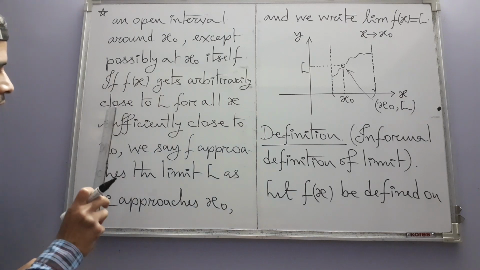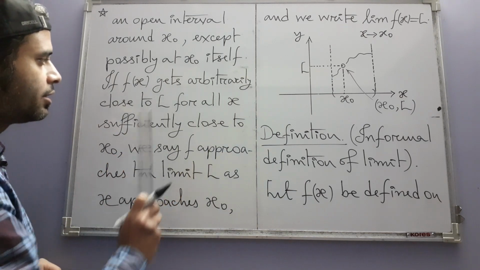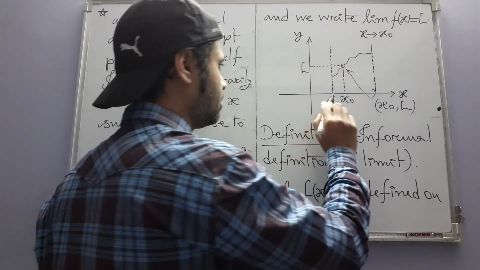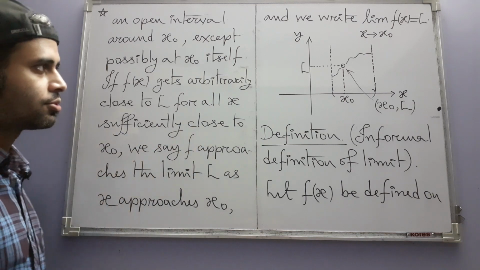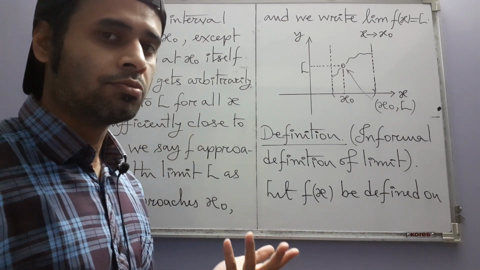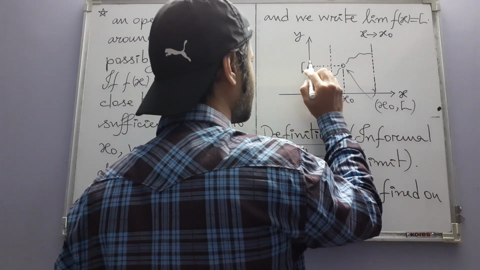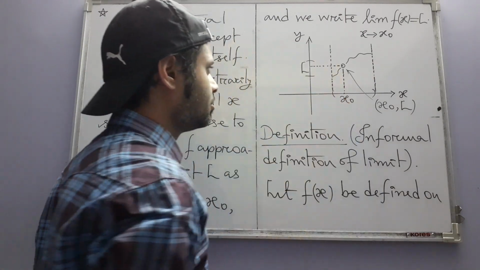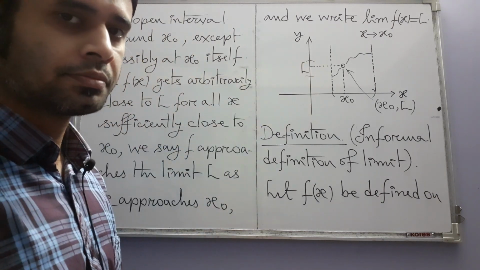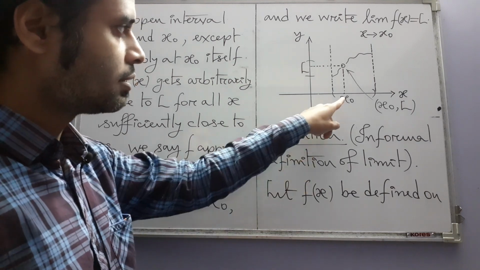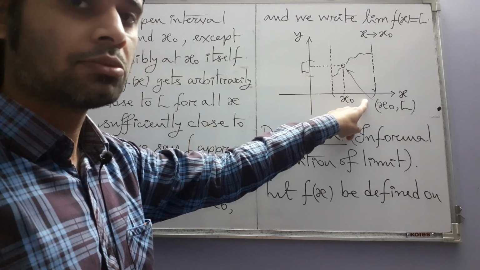So what we are saying is that f of x gets arbitrarily close to L, for all x sufficiently close to x naught. How close do you want to make f of x to L? That depends on you. Say you choose one area around L like this, okay, just like there is an area around x naught which is represented by this open interval.